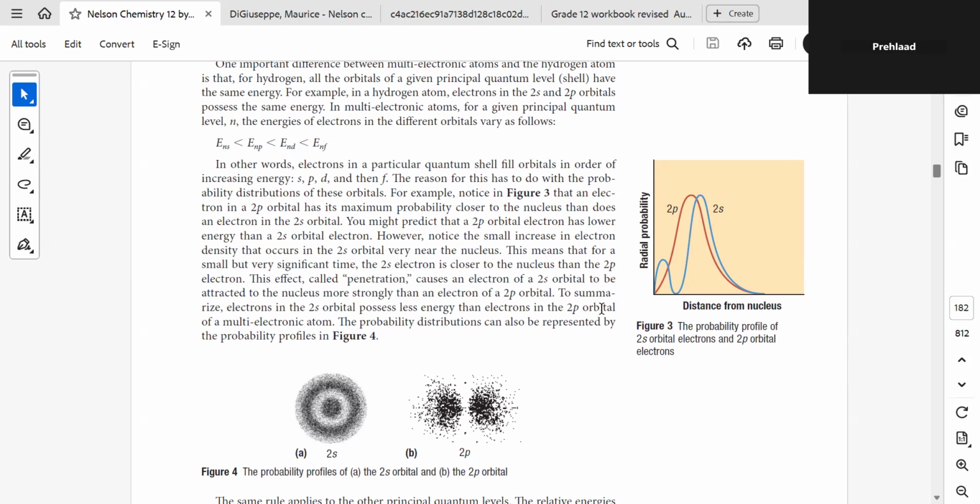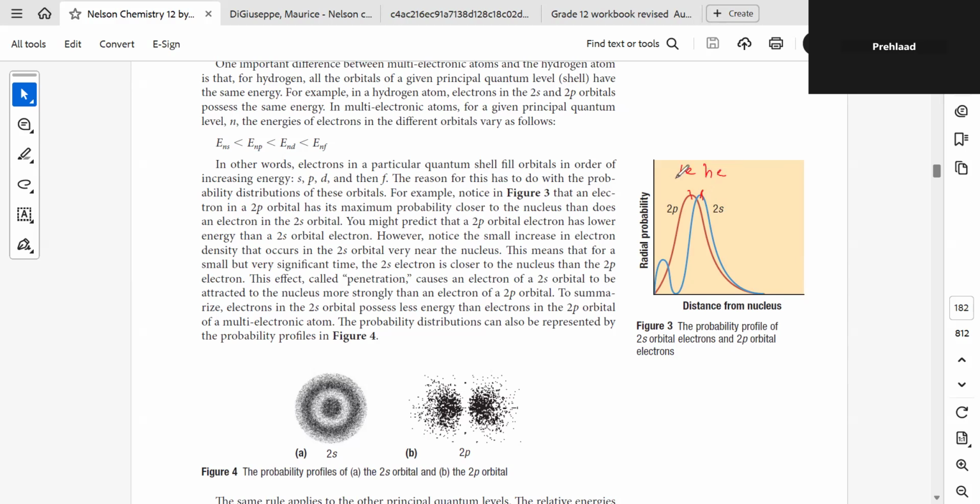Could you explain that? So what it says is, if you observe the 2p and 2s, it looks like the 2p has lower energy and 2s has higher energy.